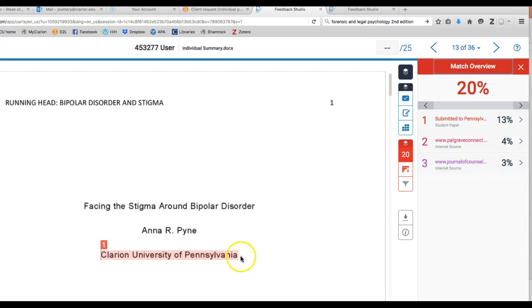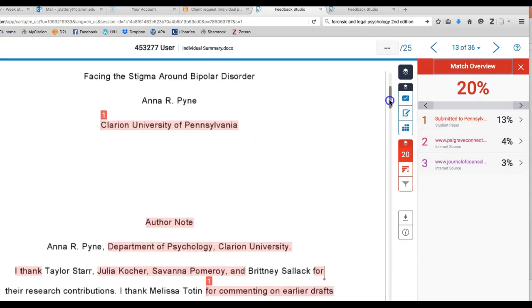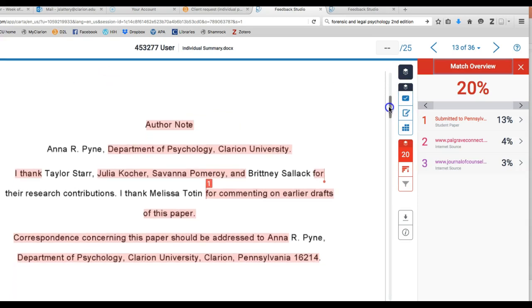As you go through your paper, you can see various places that Turnitin says are problematic. It says that it sees this, Clarion University of Pennsylvania, a fair amount. I'm not going to be concerned about that. My students use author notes. This should actually be set up like a paragraph rather than centered.